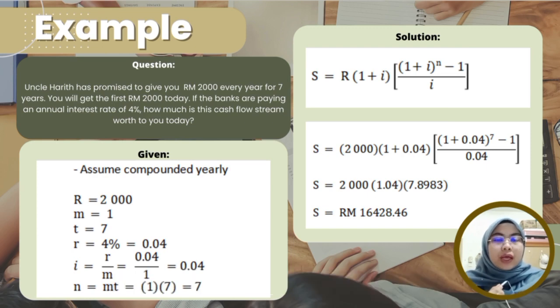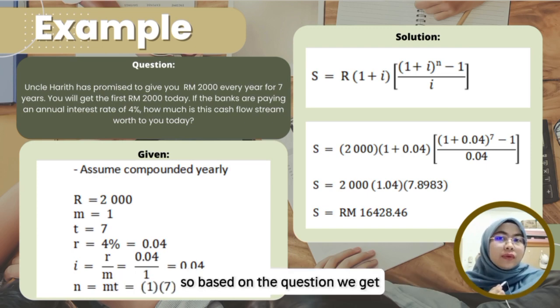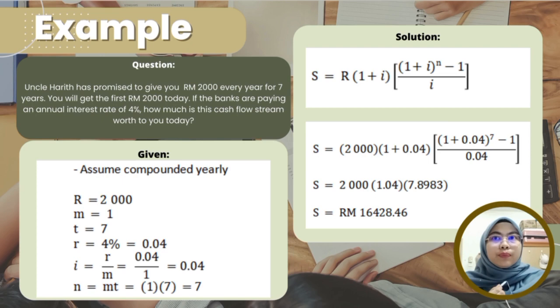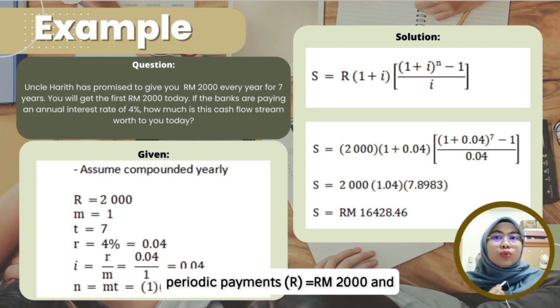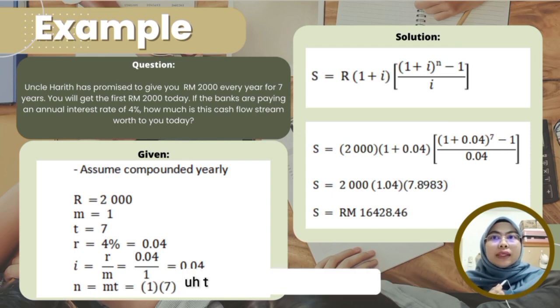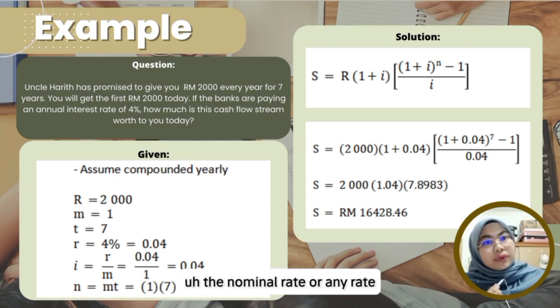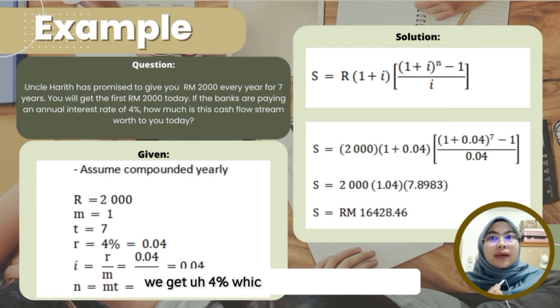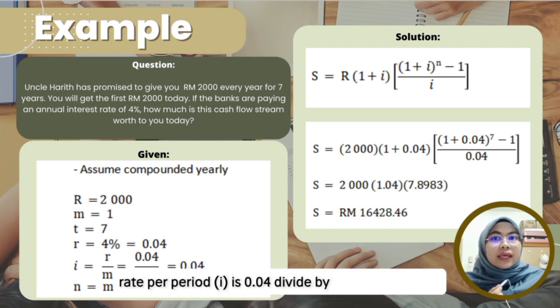Based on the question, the periodic payment is equal to 2,000 ringgit, and the compounding frequency is equal to 1 because we assume it is compounded yearly. The nominal rate or annual rate is 4%, which is equal to 0.04, and the rate per period is 0.04 divided by 1, which gives 0.04.